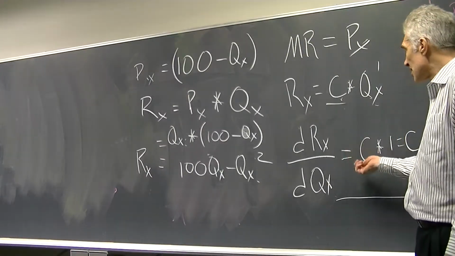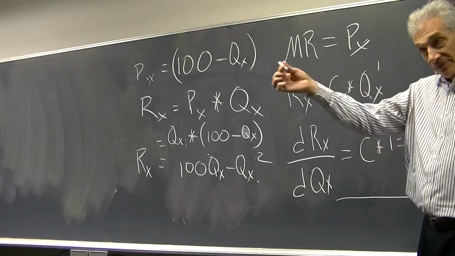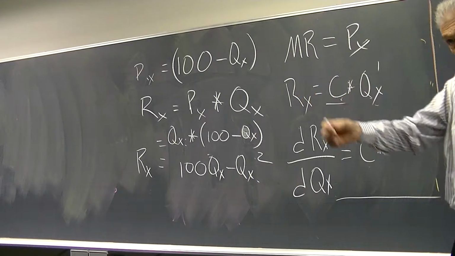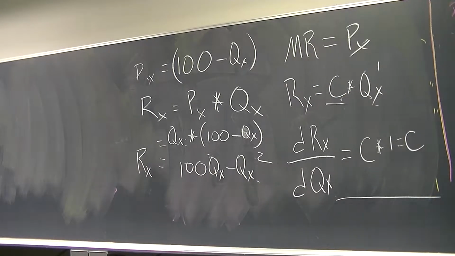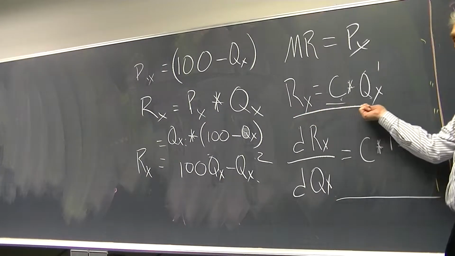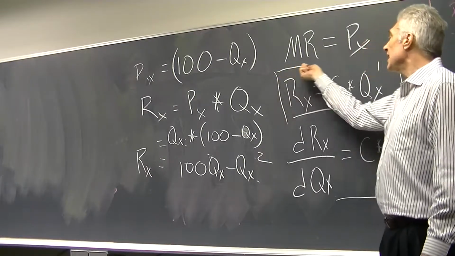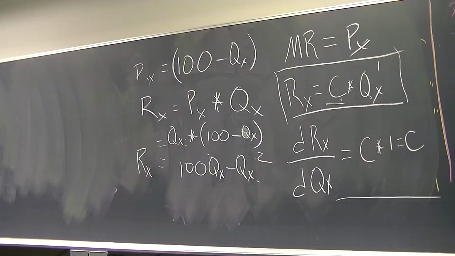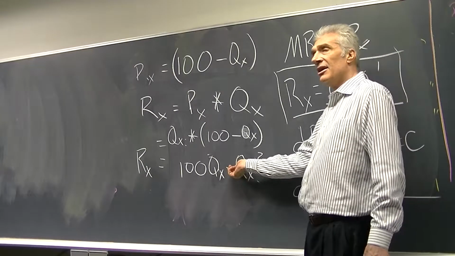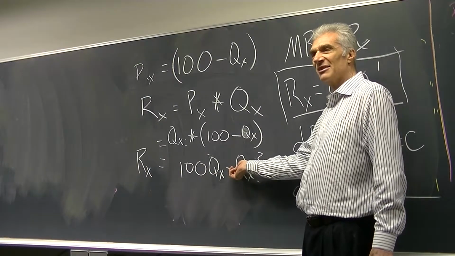Okay. That's very simple. That's mathematically why you have a linear marginal revenue curve, because you have a linear revenue curve. The firm under perfect competition faces a linear revenue curve. What I was doing before was for a firm facing a downward sloping demand curve.